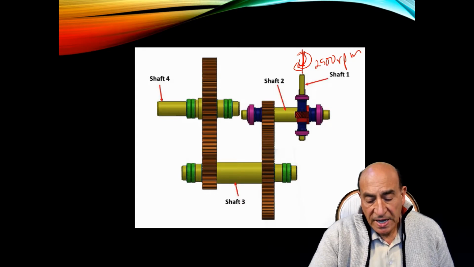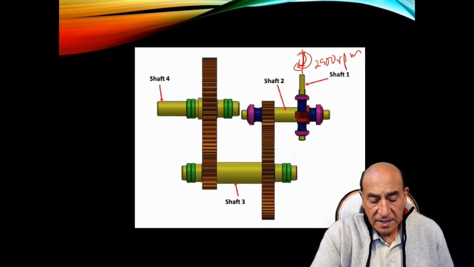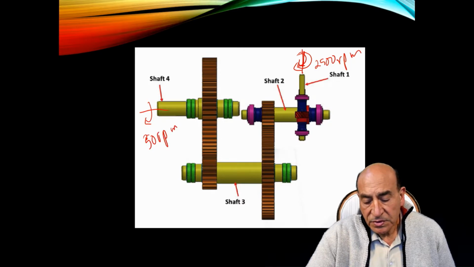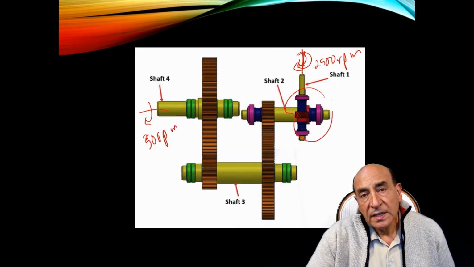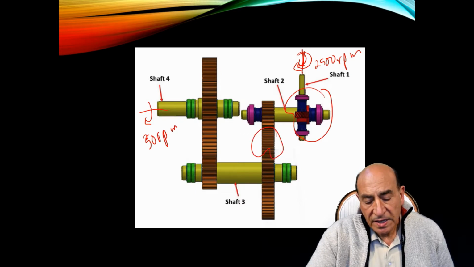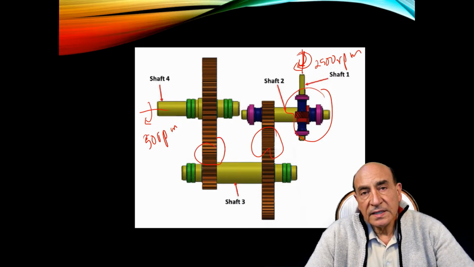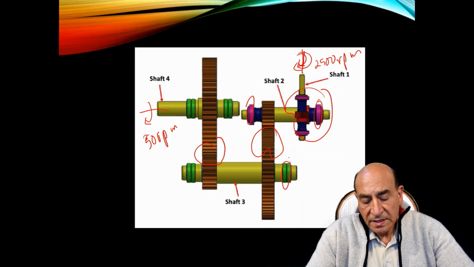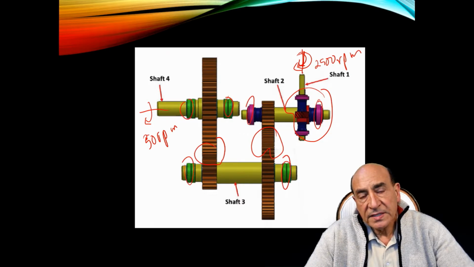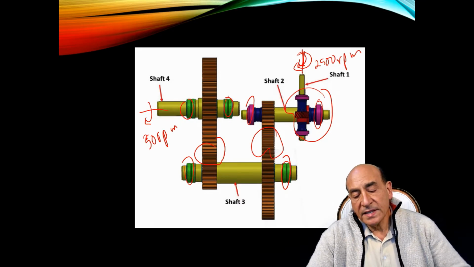So the output shaft, let's say, is here, and the rotation is 50 RPM. And to do that, we have 1 contact between 2 gears here, another contact between 2 gears here, and a 3rd contact here between the gears. So that defines the shaft layout. And you can see here I have bearings, these green ones, the bearings that also need to be analyzed in the design.